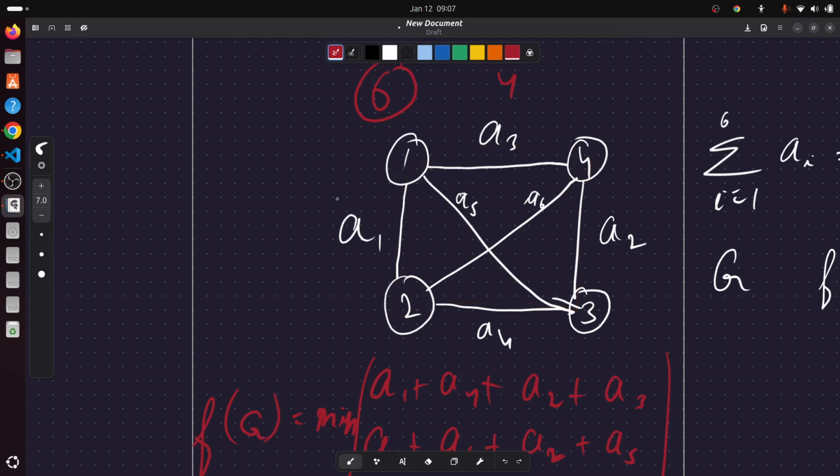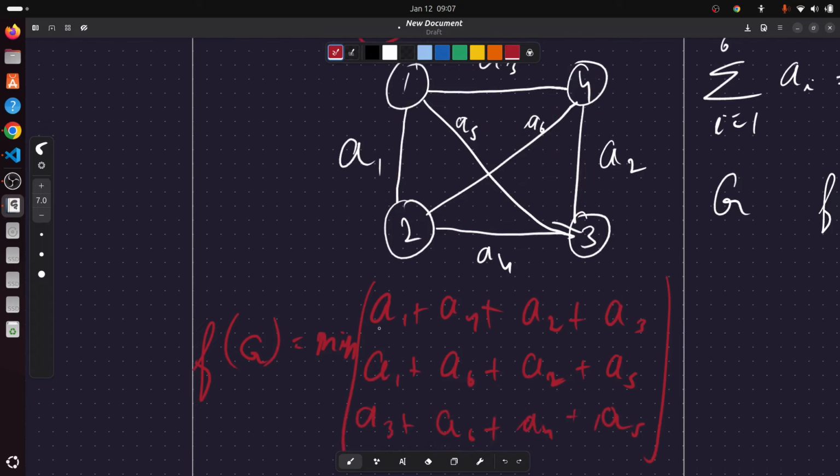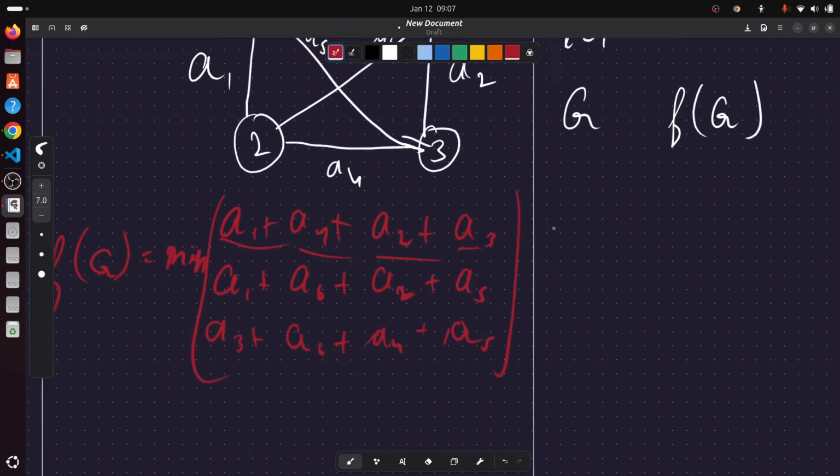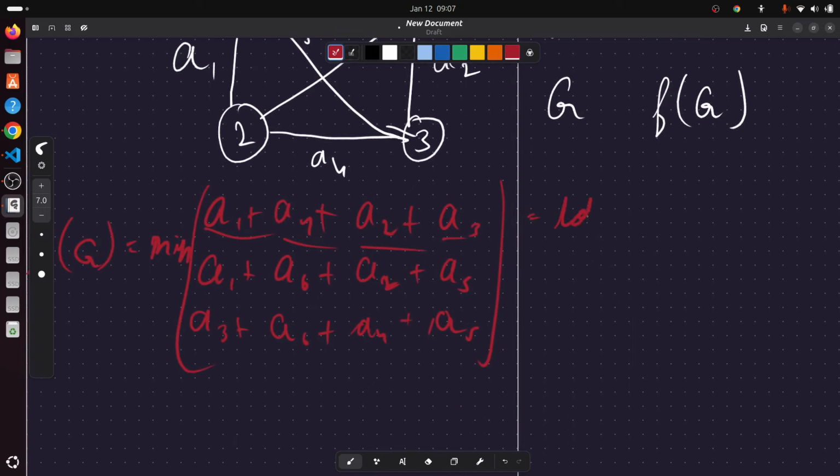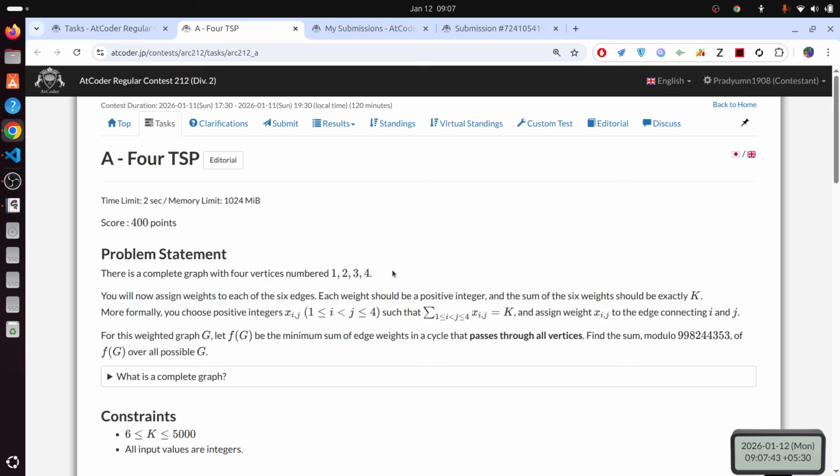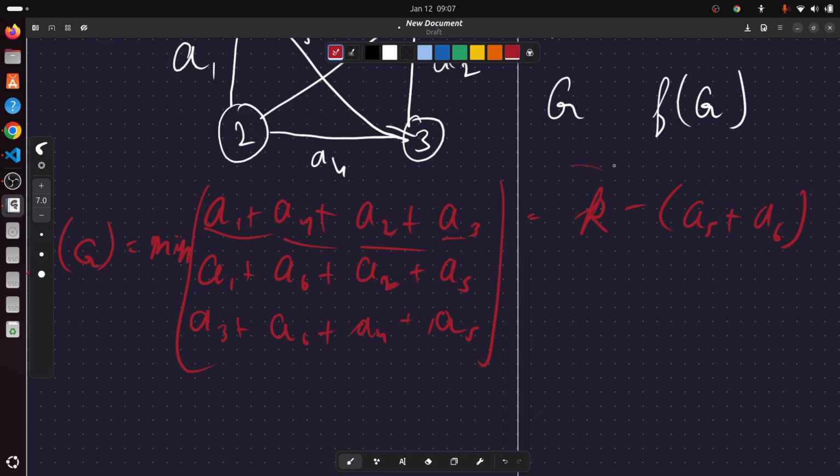So we can say that this value a1 plus a4 plus a2 plus a3 is basically equal to the total, where total means the sum of all a1 to a6, minus (a5 plus a6), right? And if you remember, total is equal to k, right? Like in the question they have said that we have to count all the graphs such that the sum of edge weights is k, the input, right? So k minus (a5 plus a6). This is one possibility if we leave the edges a5 and a6.